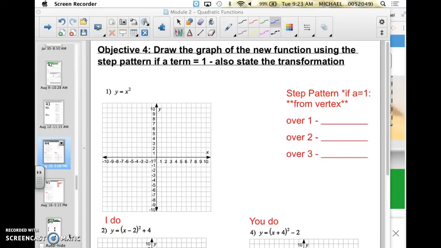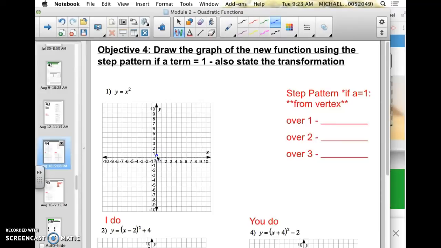The parent function of any function begins at the origin, which is at 0, 0. And that just so happens to be the vertex of this parent function. If we consider this written in vertex form, which you've already learned about, there is no h or k value, and so if there isn't a number that exists, then it's 0.